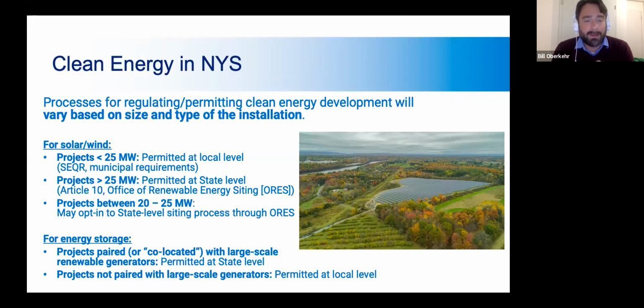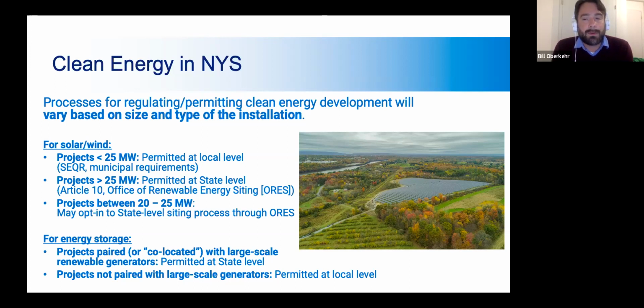For projects greater than 25 megawatts, they're going to be permitted at the state level, either through Article 10, if the technology is not renewable. If the technology is renewable, it will go through the Office of Renewable Energy Siting that was created in April of 2020.